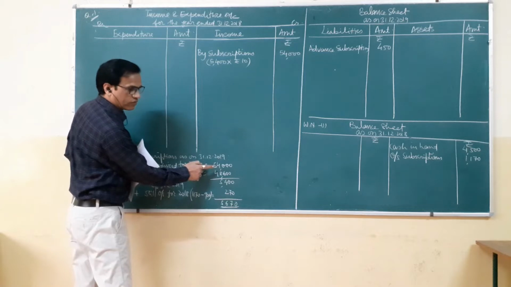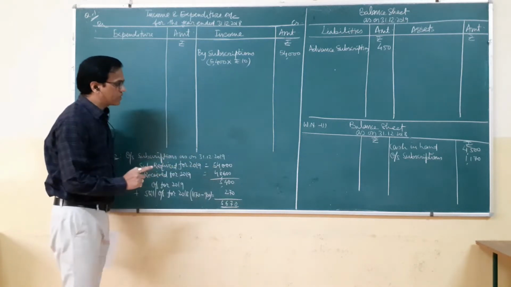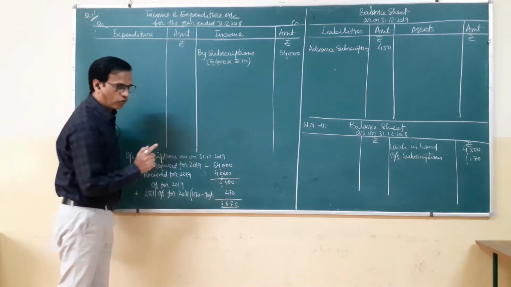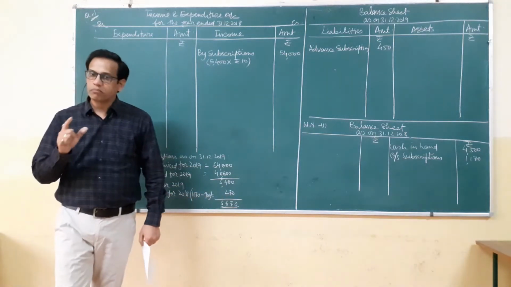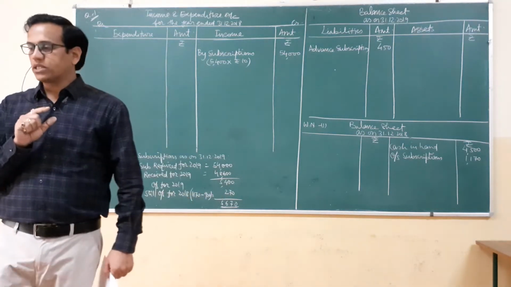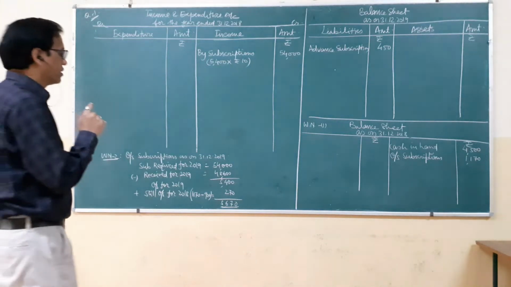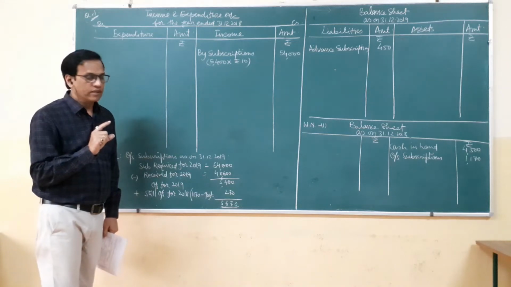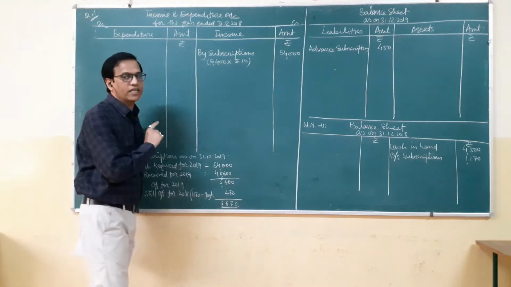54,000 was required in the year, out of which 48,600 we received. So how much is still to be received? 5,400, and 270 is still outstanding of the previous year. It is given in the additional information in the question that 1,170 was outstanding for last year, out of which 900 has been received.